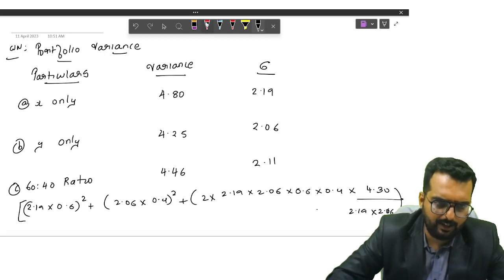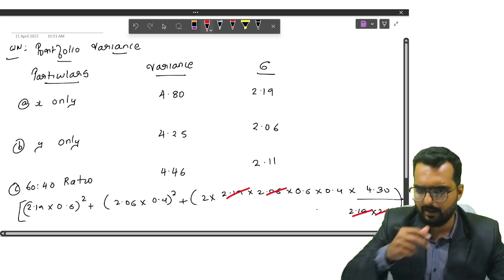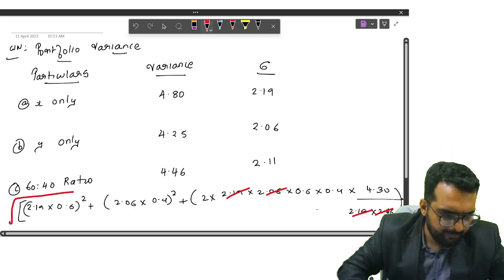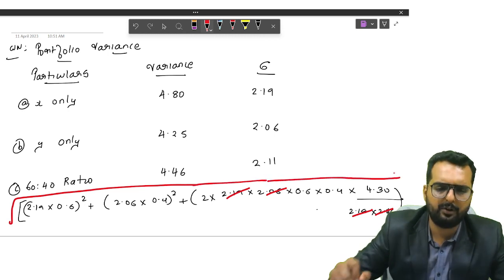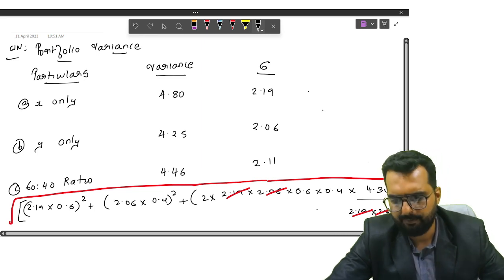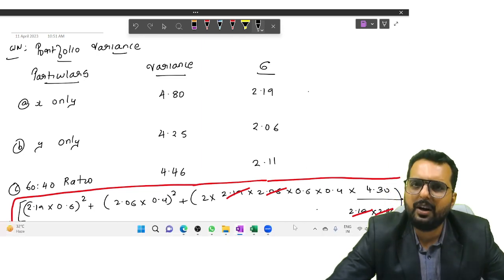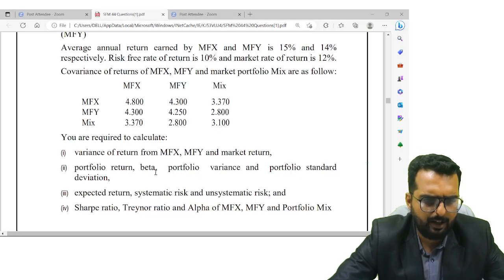So now I will take a reading pen and strike off these two things. The whole square root. So when you do this, you will get 2.11 and you will be getting 4.46. So we have got the portfolio variance and the portfolio risk also. Everybody clear so far? Okay.